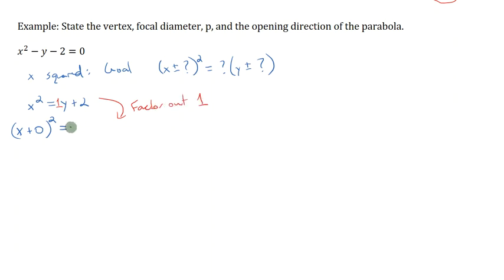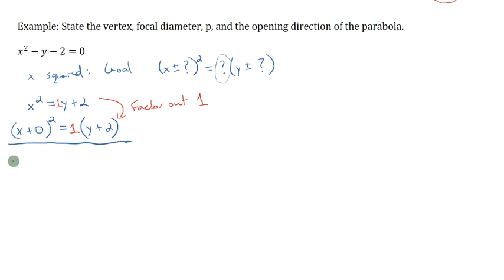If I factor out a 1 or divide by a 1, I still get y, and if I divide by a 1 here, I still get plus 2. We never really factor 1 out, but we need it to look like this because this number is going to be our focal diameter. In this case, that's our 1. So now we've got our standard form.